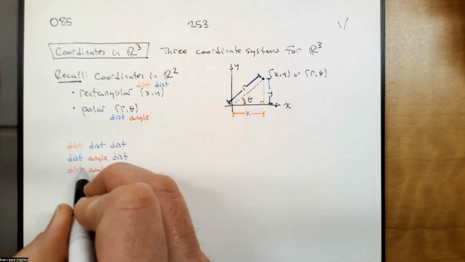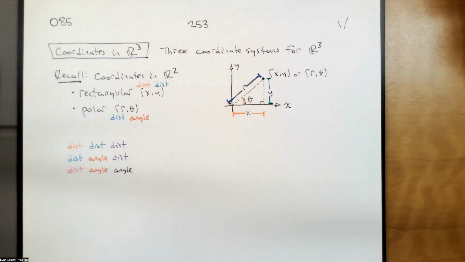And then the others are either two angles, an angle and a distance, or two distances.